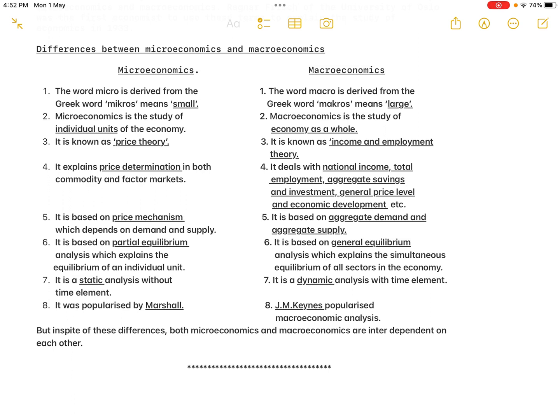But whereas sixth point, macroeconomics is based on general equilibrium analysis, which explains the simultaneous equilibrium of all sectors in the economy.